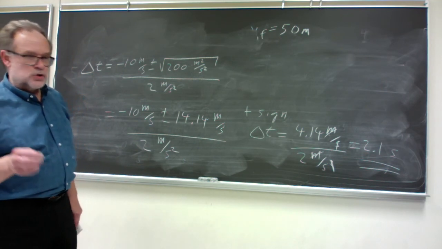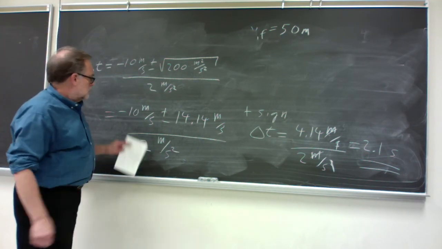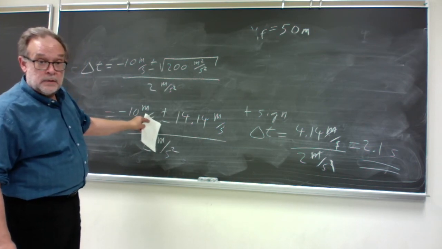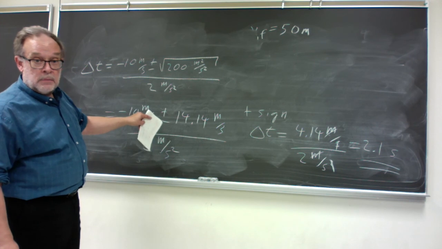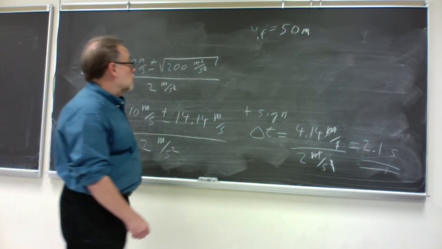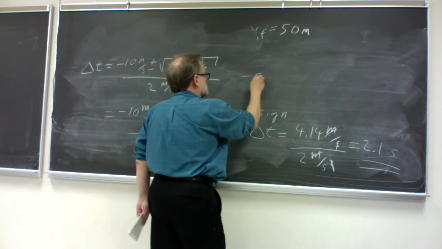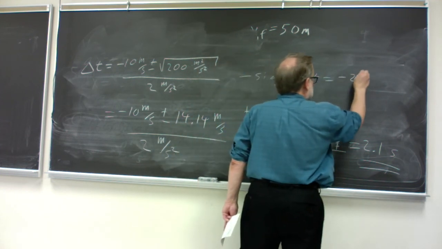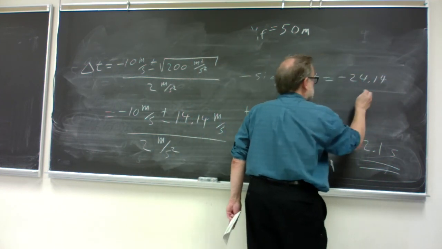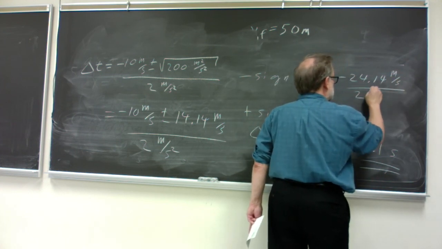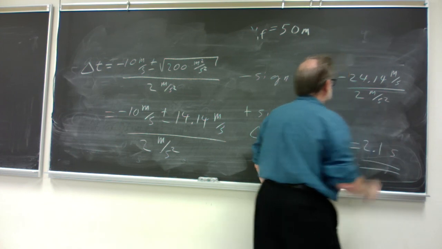We know that's our answer because if we chose the minus sign here, then you've got minus 10 minus 14.14, or in other words, minus 24.14, over 2 meters per second per second.